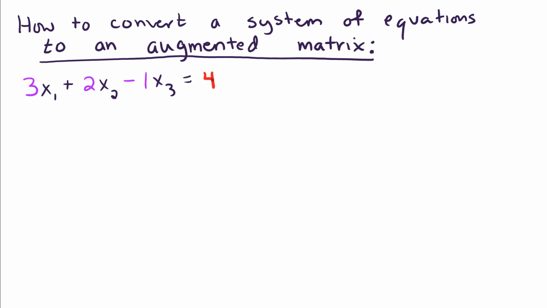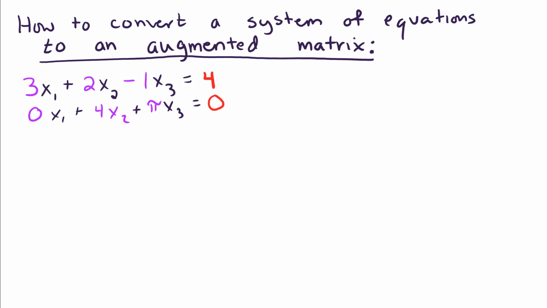Next equation, we'll have a 0 x1 plus 4x2 plus pi x sub 3, and that'll be equal to 0.